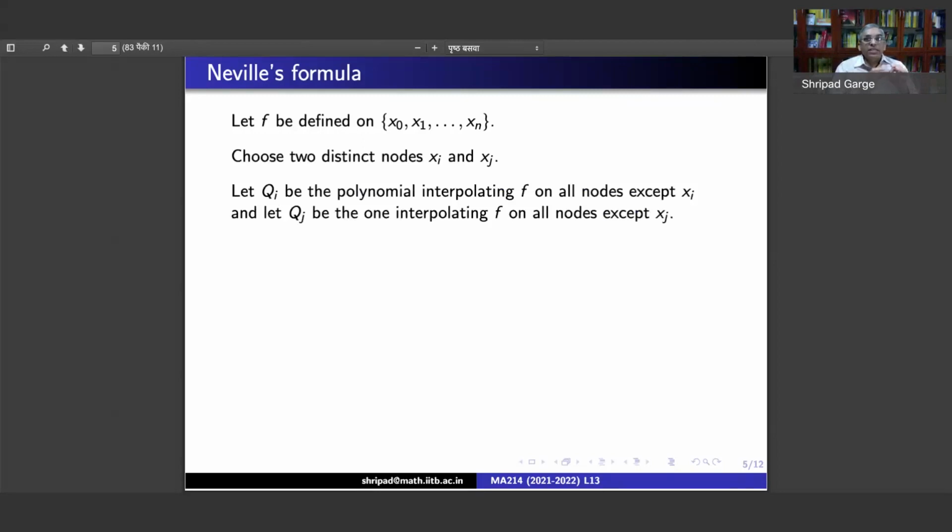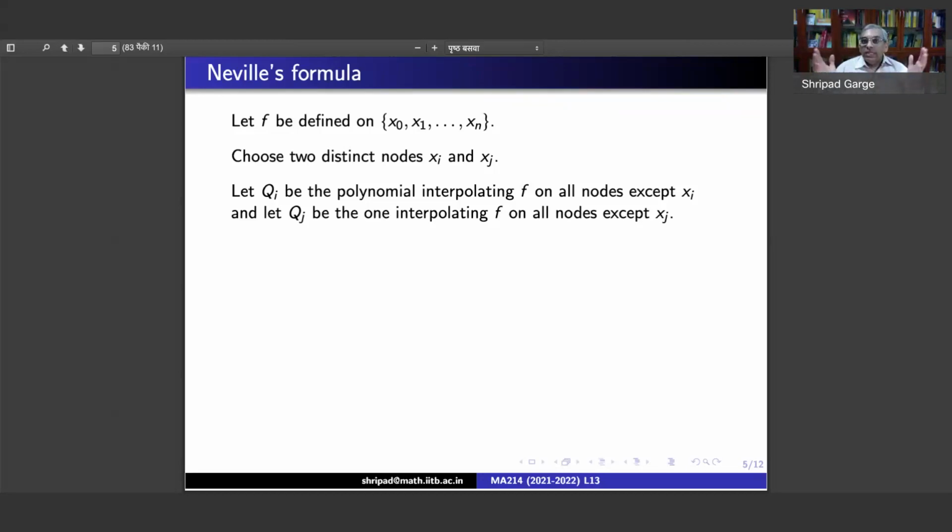So you have x0, x1, x2, x3, dot dot dot up to xi minus 1, xi plus 1, dot dot dot xn. And qj is the one which interpolates the function f on all nodes except xj. So you have one polynomial interpolating the function on all the nodes except xi, and another one interpolating the function on all the nodes except xj.